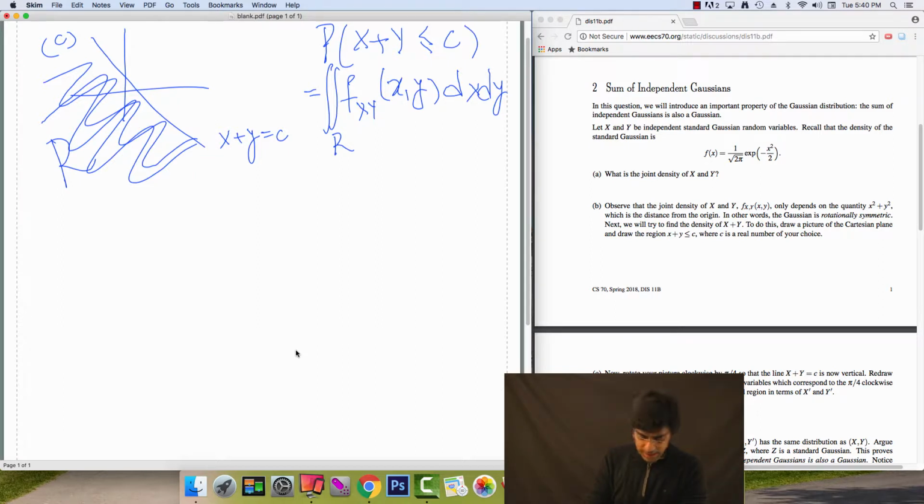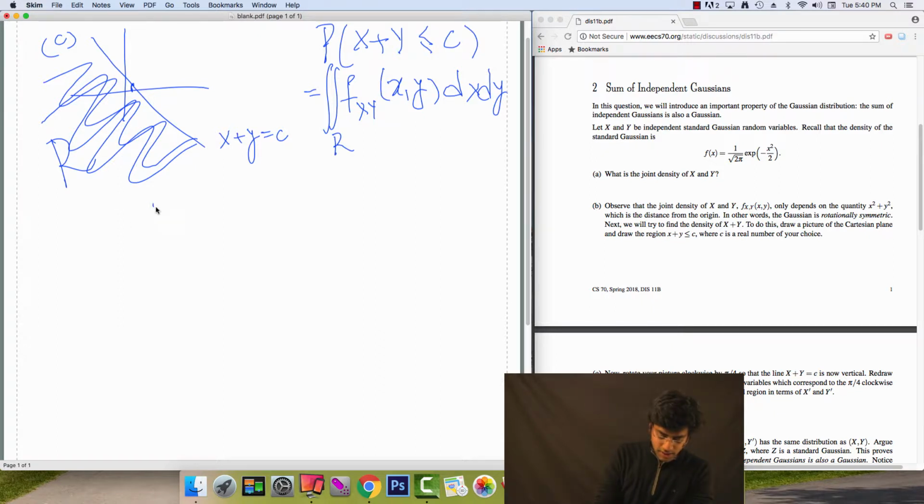So in part C, it says, look, this region can also be thought of by rotating our axes by 45 degrees. Why do we do this? Because x plus y equals c makes an angle of 45 degrees with my standard basis axis, and I want to make this a perpendicular line.